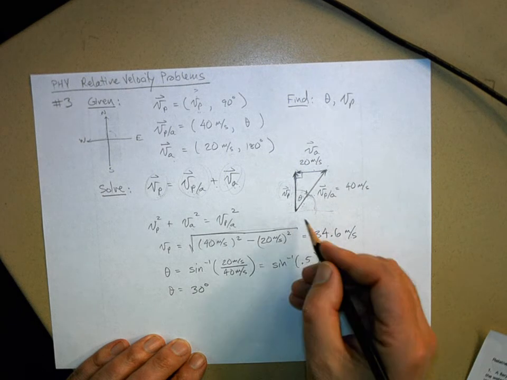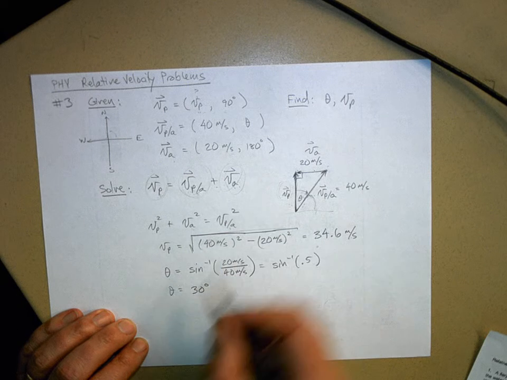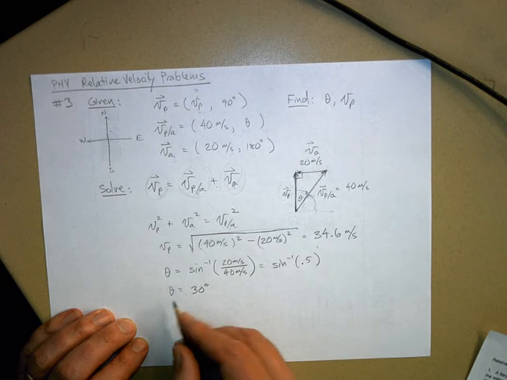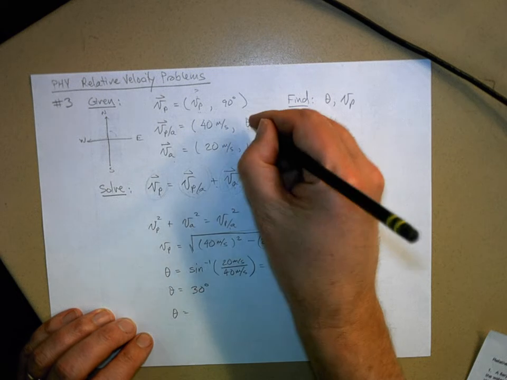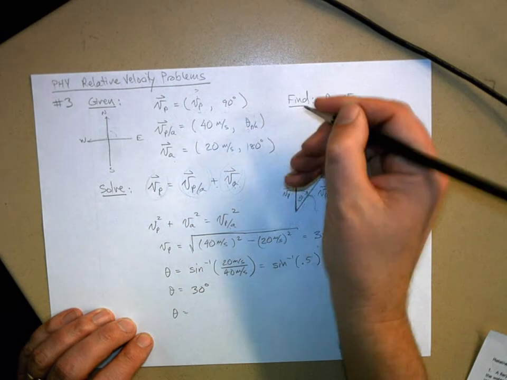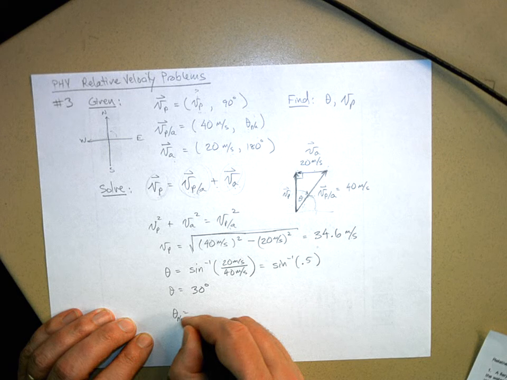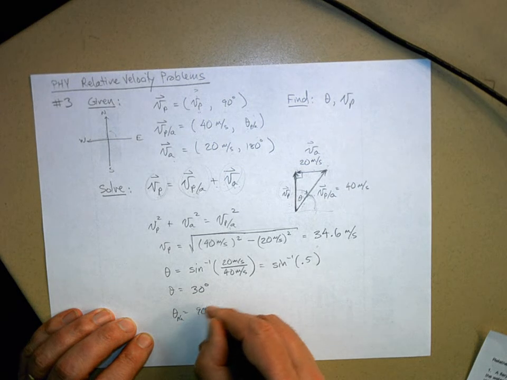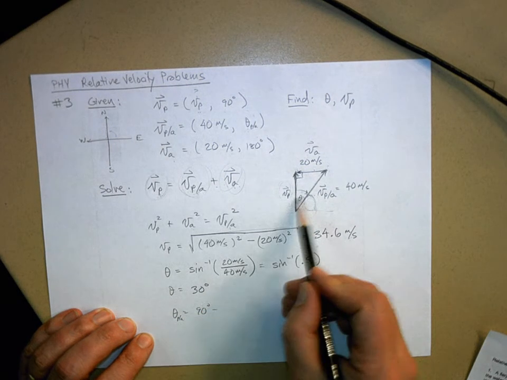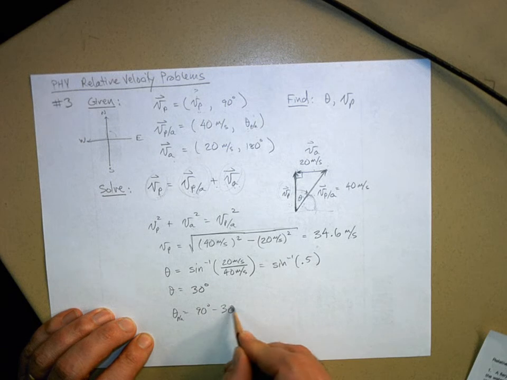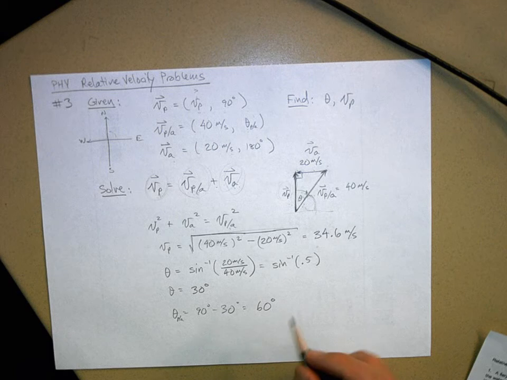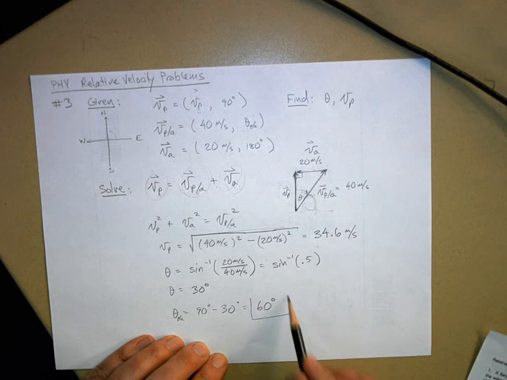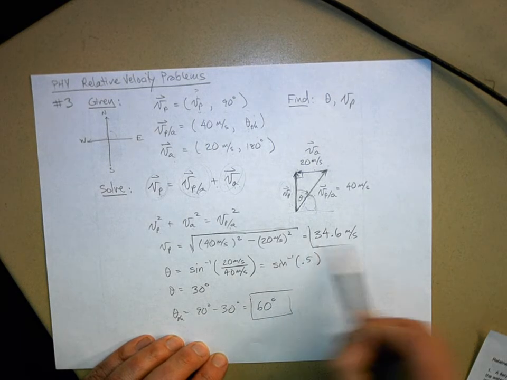So in polar coordinates, this theta of the plane compared to the air is equal to 90 minus the 30 degrees. So that's 60 degrees.